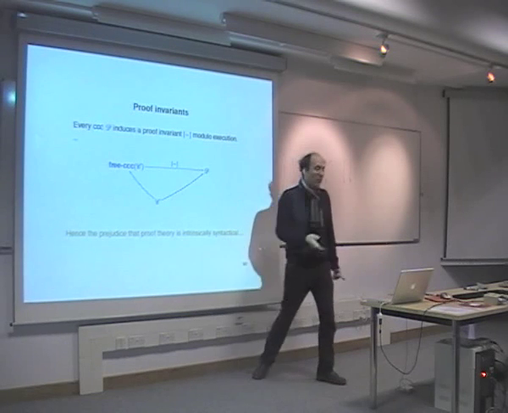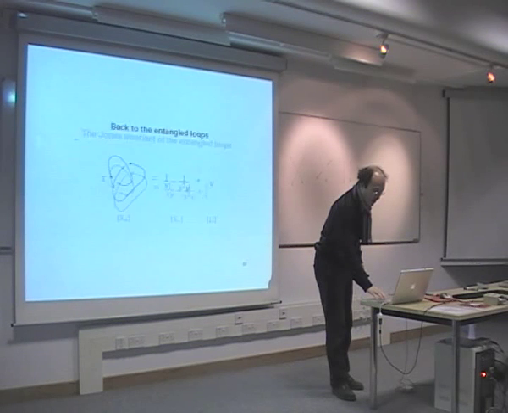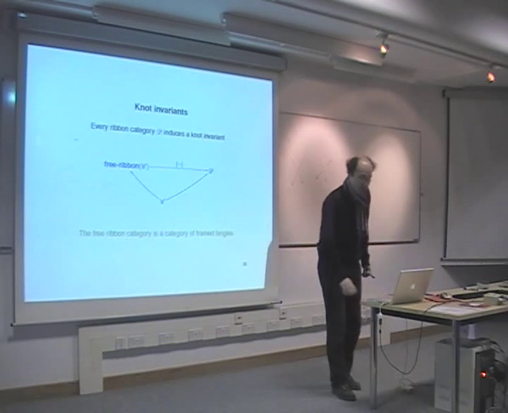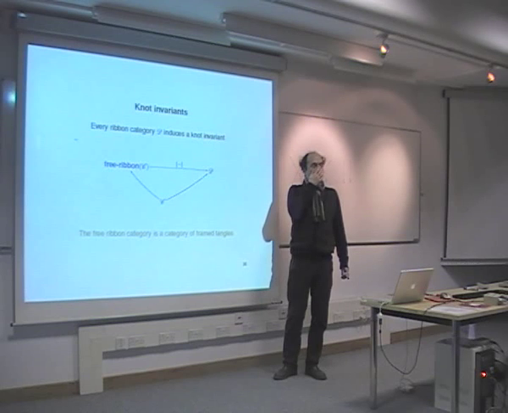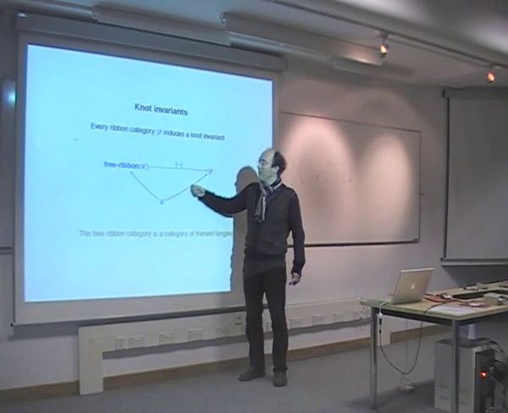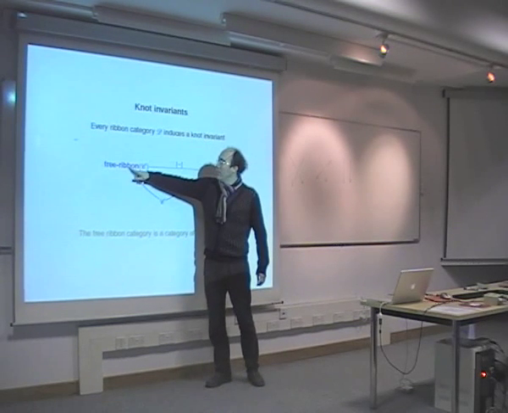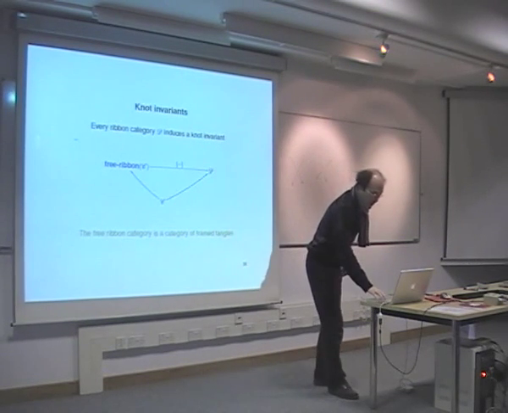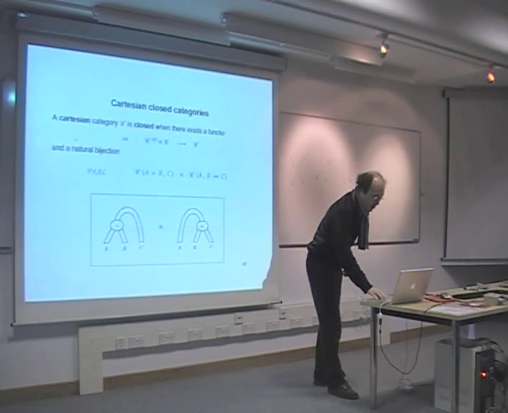If we compare this familiar picture to the one we had before the intermezzo, it's exactly the same. So the question is, can we build something like this diagram in proof theory, but where this would be a free category, which would look a bit like the free ribbon category. That means it would be something like a topological kind of structure.